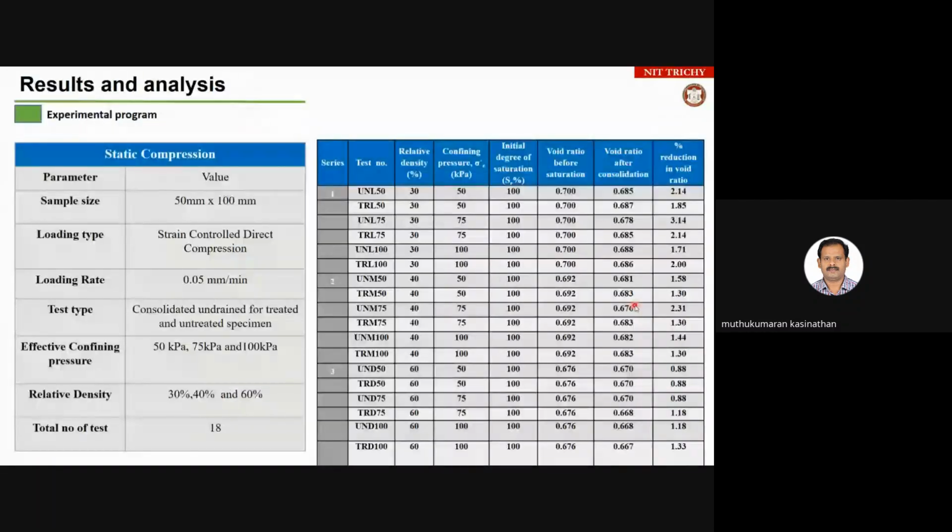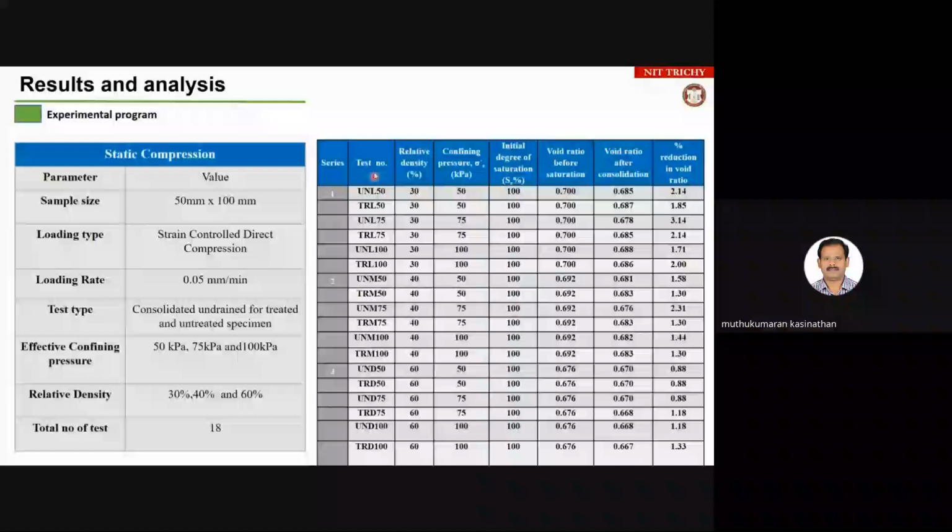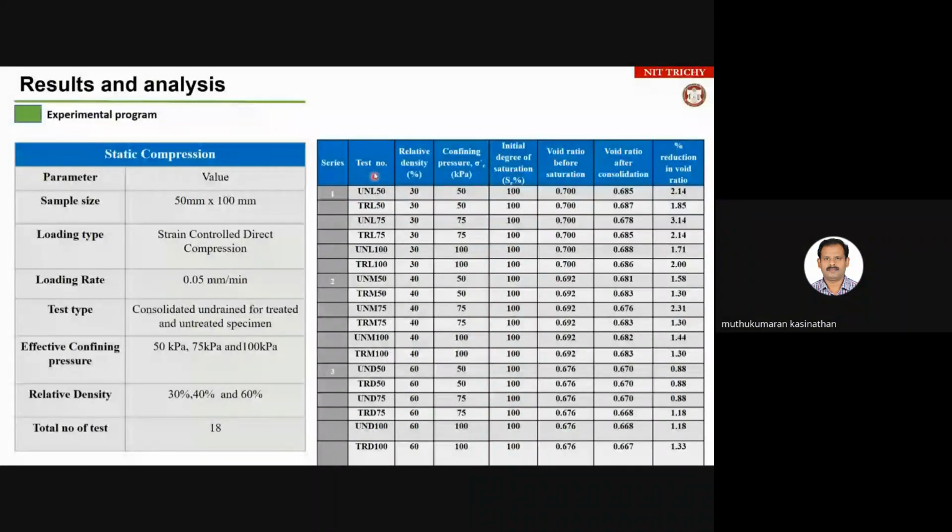Good parameter that we need to introduce on the soil to make the soil such a way that it is untreated soil. Pressure and corresponding relative density, we have gone with 30, 40, 60.